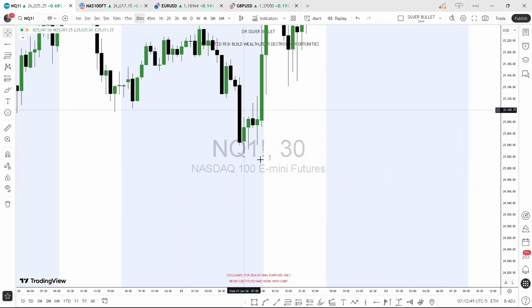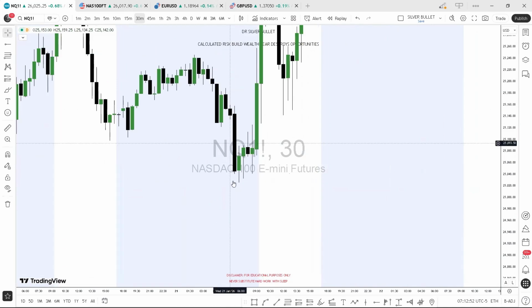This is the last down close candle, or the last candle which closes below. This is the closing point. As you can see, it closes below every candle that comes up after this one.